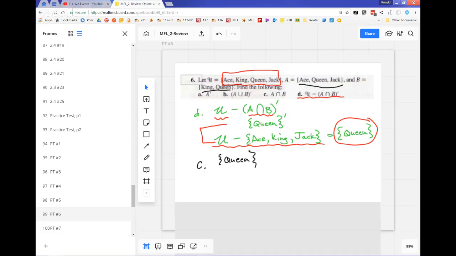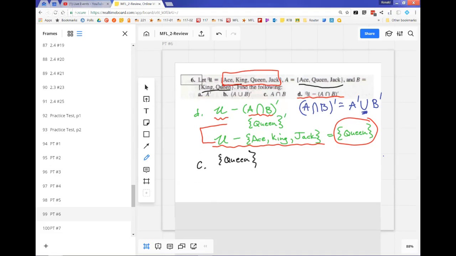Or if you use De Morgan, let me change my color here. What does De Morgan say? If you distribute it like you said, then it becomes A union B complement, and you could have done it that way.